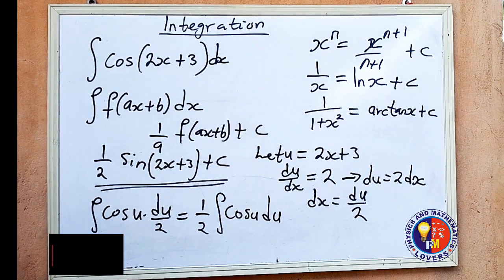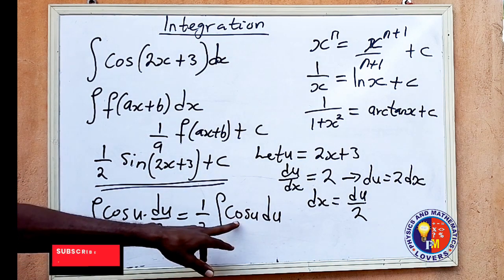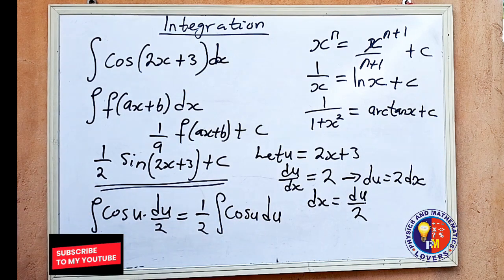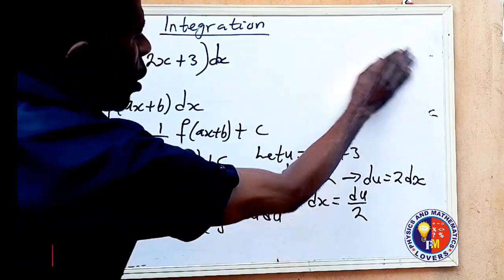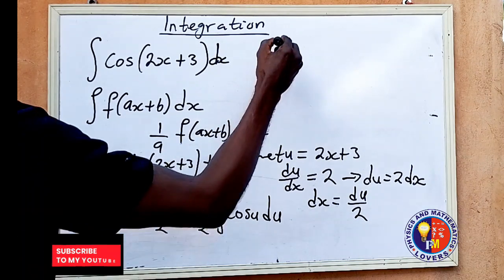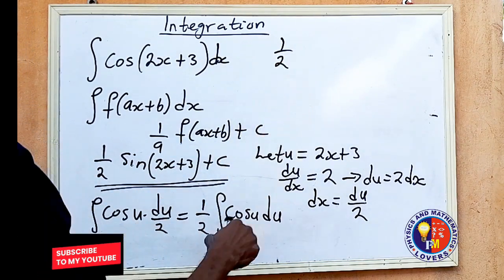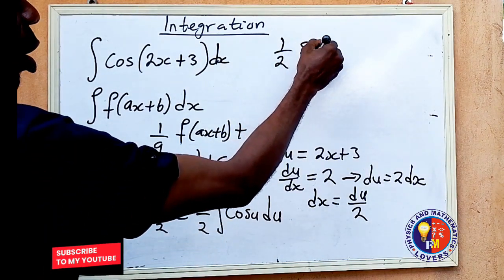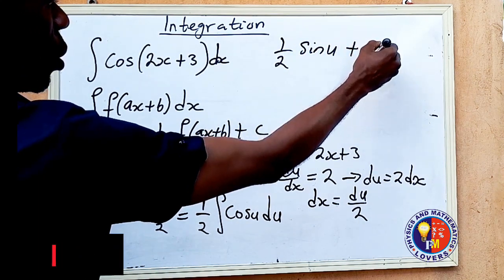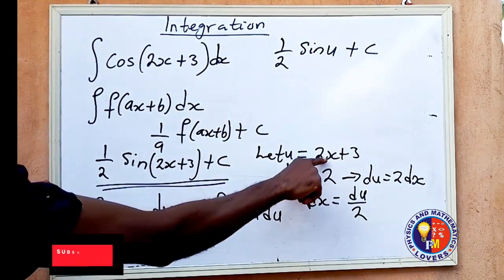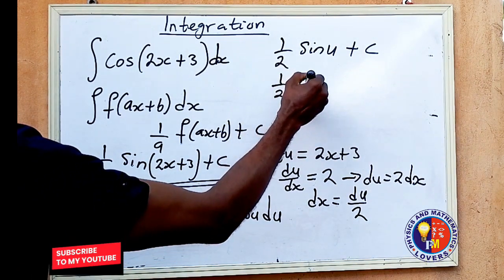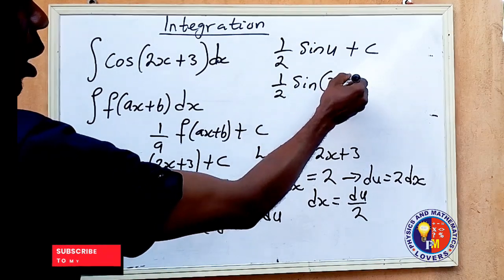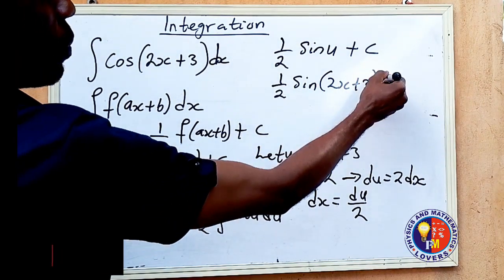At this point, we already know the standard integral for cos is sine. So we're going to have half sine u plus c. Remember that your u is equal to 2x plus 3, so that we then have 1 over 2 sine of 2x plus 3 plus c.